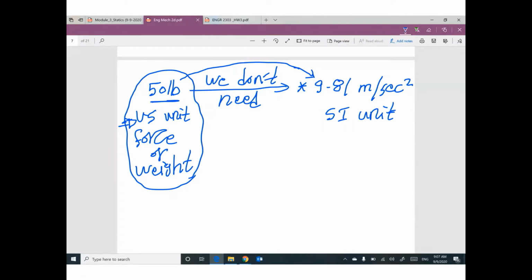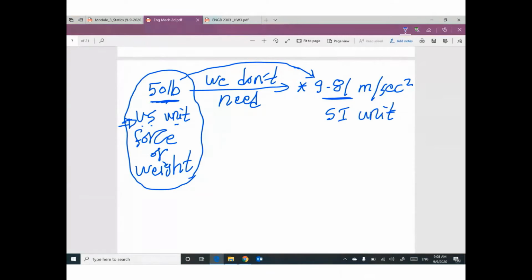It doesn't make any sense. We cannot accept this conversion because you multiplied something in US unit by something in SI unit. As I told you, 50 pound is a unit for a force. You don't need to multiply it by anything else.